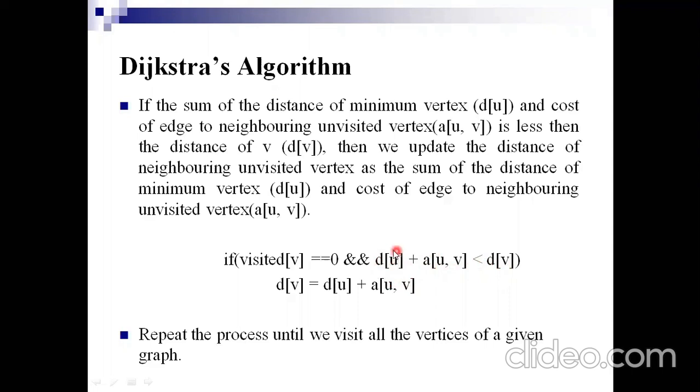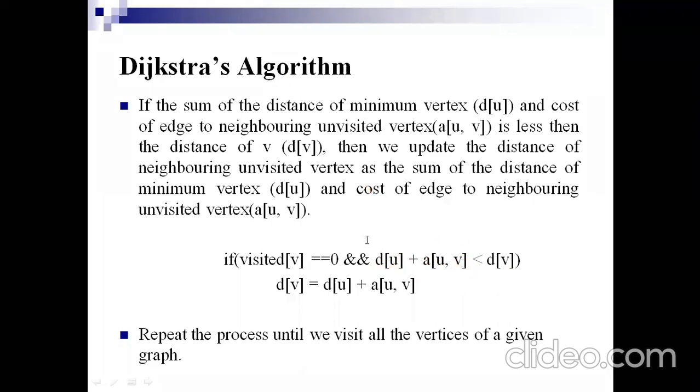D of U gives what? The distance from source to U, plus A of U V gives what? The weight of the edge reaching from U to V. So when I summate these two, I will get a new distance of reaching from source to V. Very simple as it is.